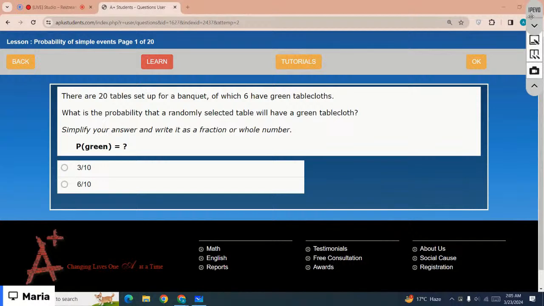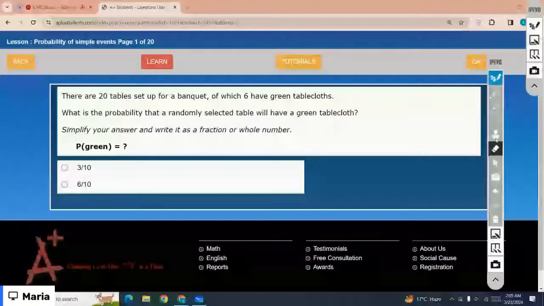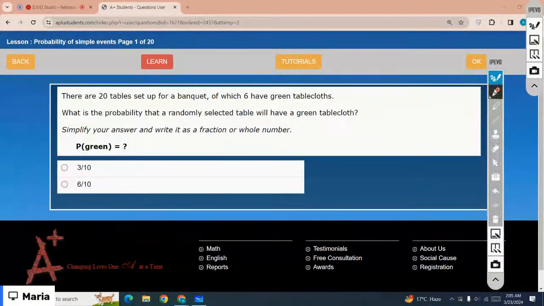That is 6 over 20, and when you convert it into simplified form, that would be 3 over 10.